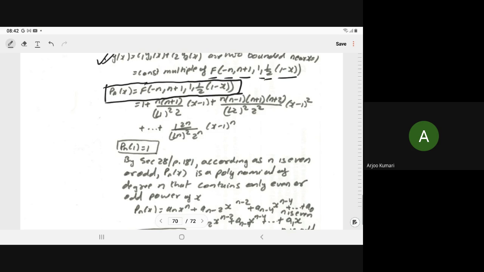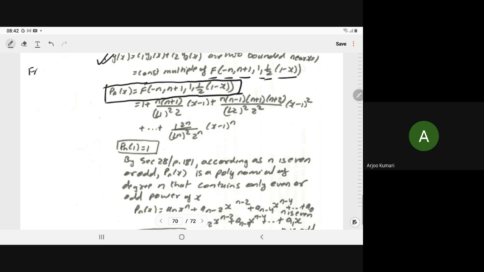Now, what is the expansion of the hypergeometric function? 1 + (ab/c)x + (a(a+1)b(b+1))/(2! c(c+1)) x^2, and so on.